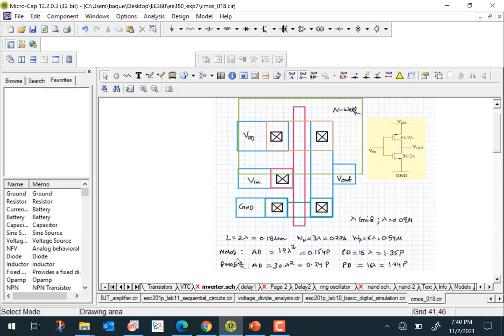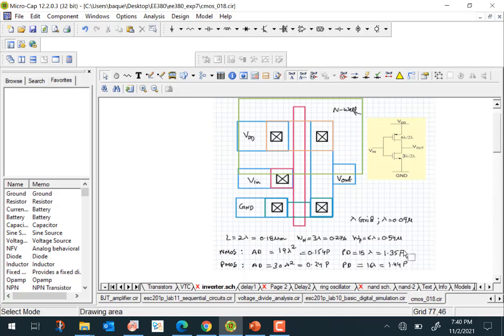We have given you the values: for the NMOS, the area of the drain is 0.154 picometer square, and the perimeter of the drain is 1.35. Similarly, the PMOS drain is somewhere here, and its area is 0.24 and its perimeter is 1.44.